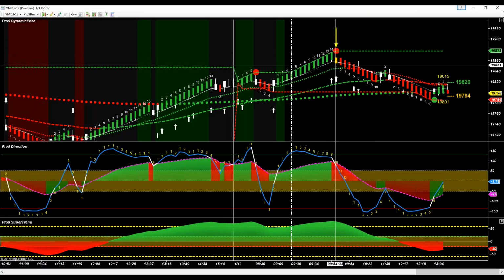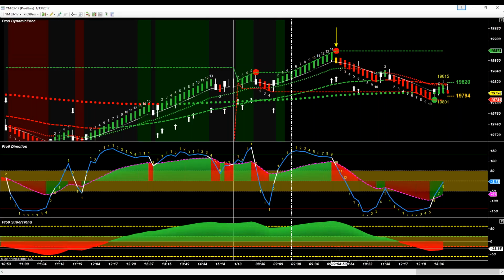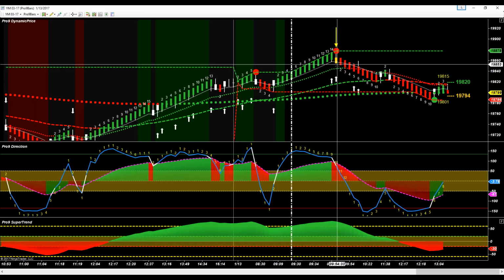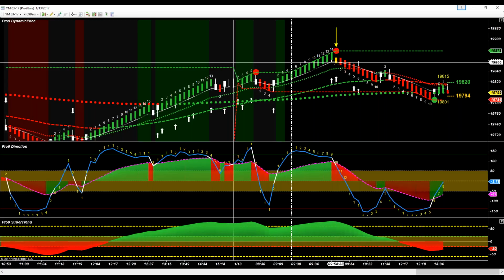So if we see a downward turn bar and our super trend is not outside of its neutral zone, we're going to see a yellow turn bar. Also, if the turn bar does not touch the 50 EMA, because that rule lets us know that we can disregard the super trend.